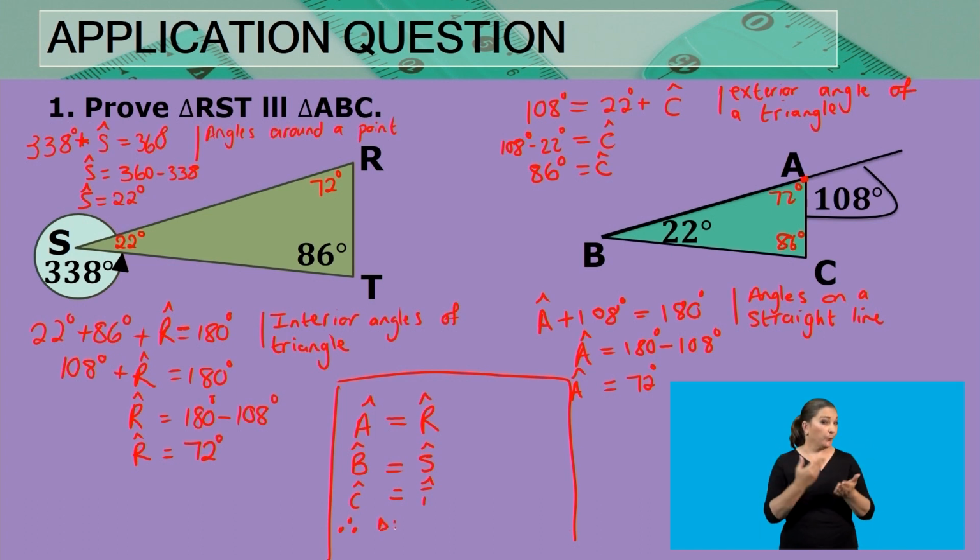We have now proven that triangle RST is indeed similar to triangle ABC.